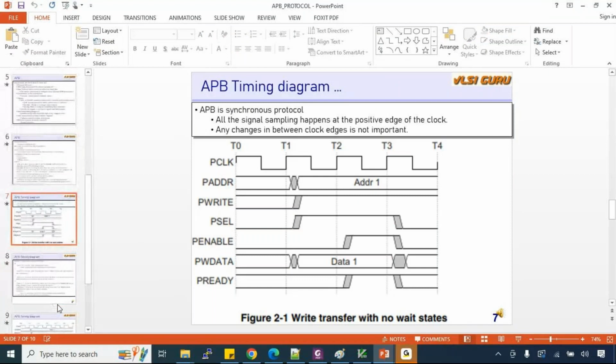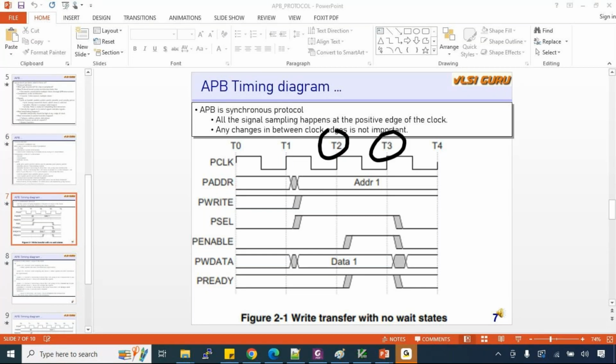At what edge is the transaction starting? T1 it's starting. Actually, forget T1, at least T2 it's starting, because the T2 edge is where everything got applied. Where is it completing? T3.